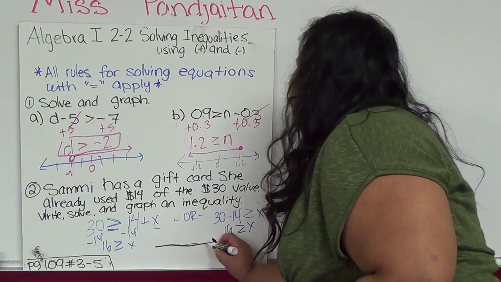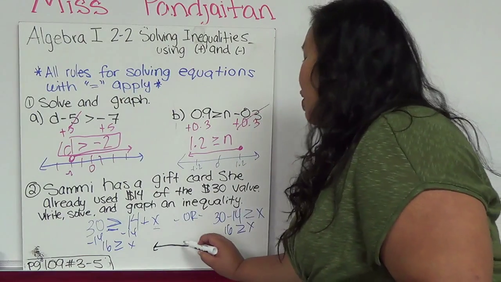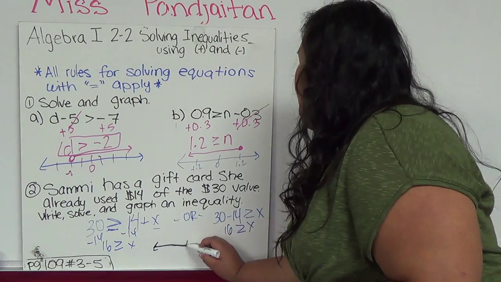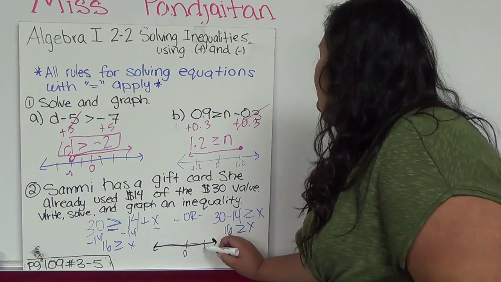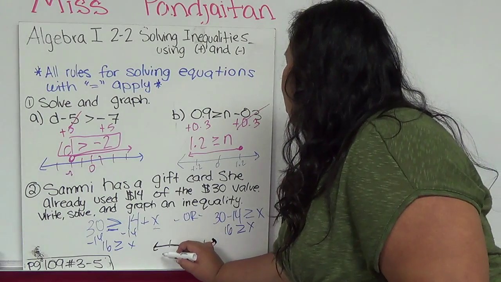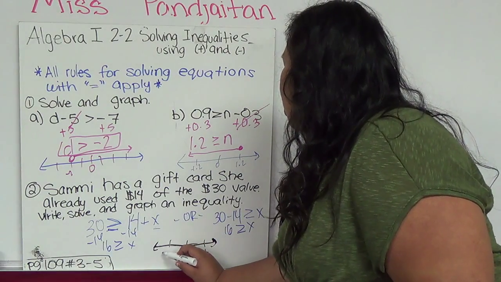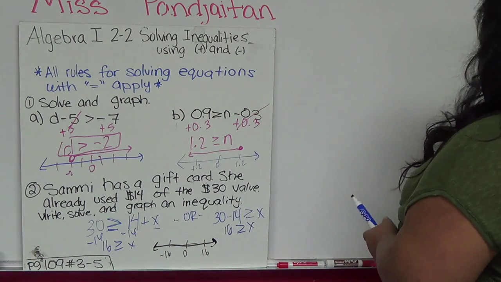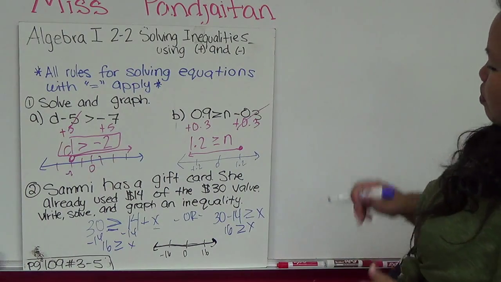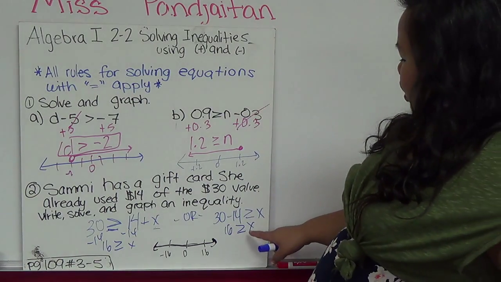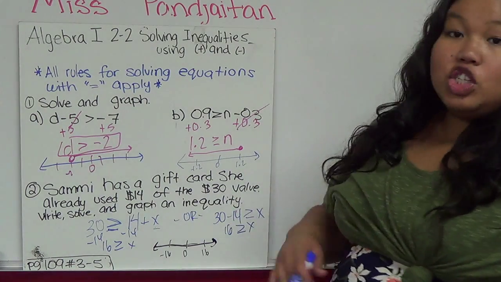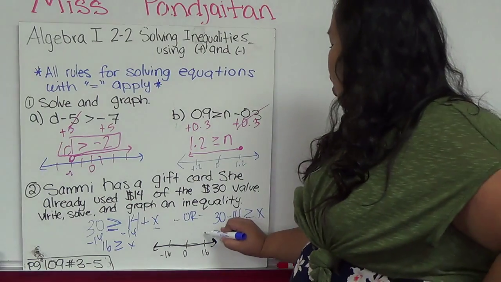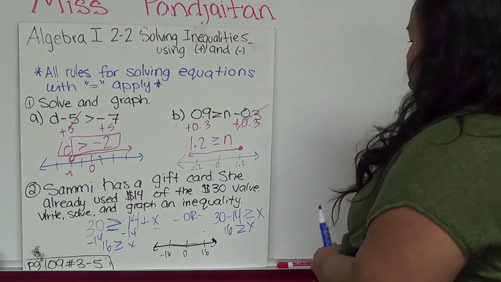That means she can spend up to $16. Does she have to spend $16? No, she doesn't. But she can't spend more than $16. So our starting point is 16, and because she can spend $16, we're going to do a closed circle.